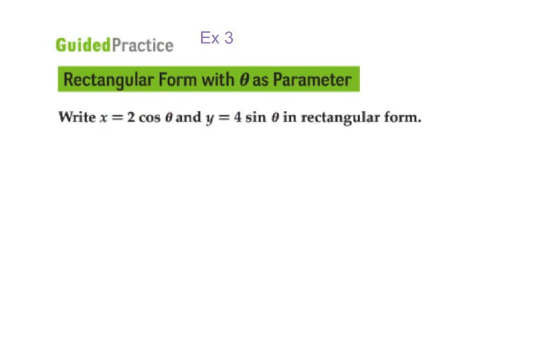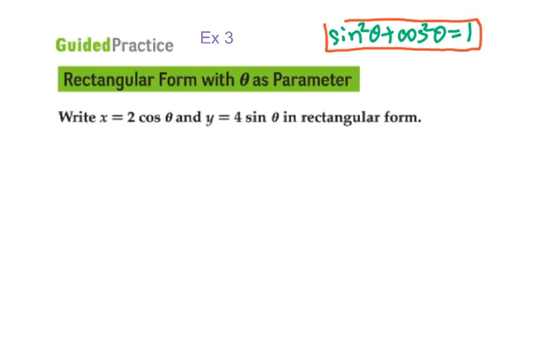Now let's go to example 3. Rectangular form with theta as a parameter. So when we have a trig function, remember we got to use sine squared theta plus cosine squared theta equals 1. We use this a lot.